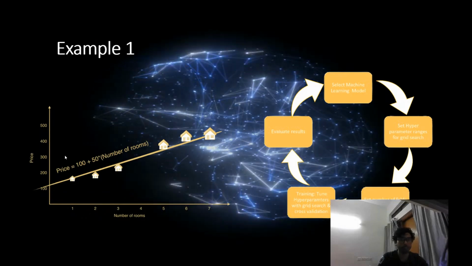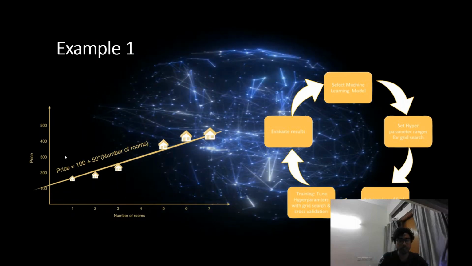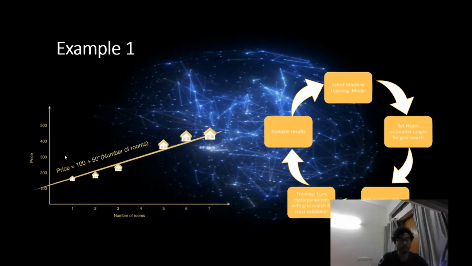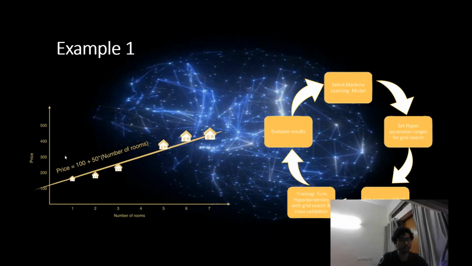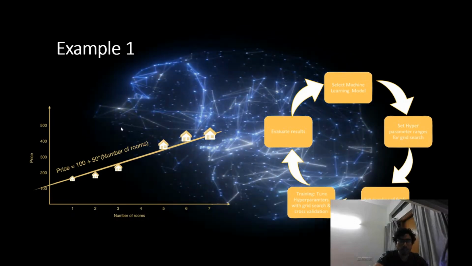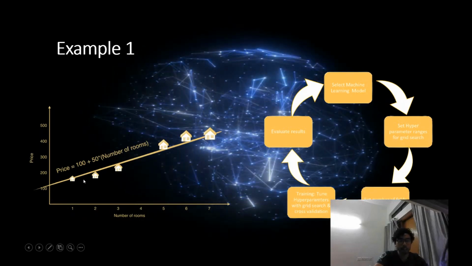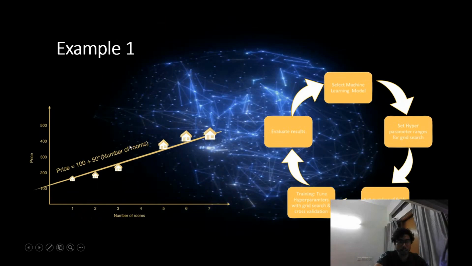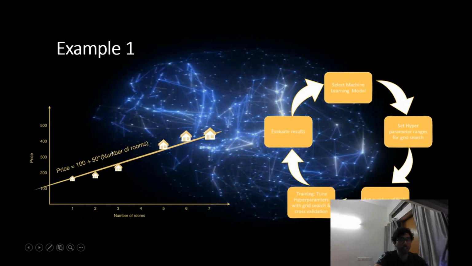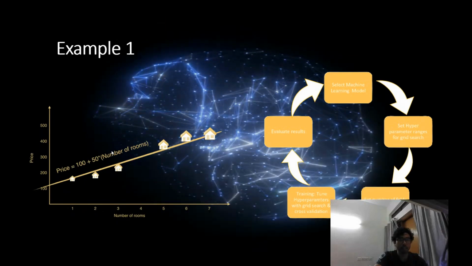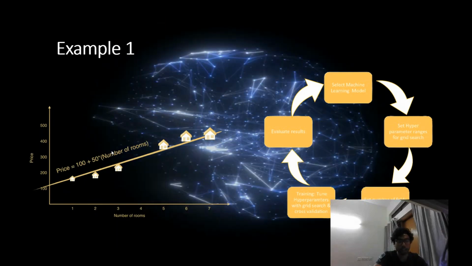Some people might visualize 3D, but mostly we cannot plot a graph beyond 2D. Still, we have to understand how the machine does it even for 1D, and then we can generalize it to n dimensions.